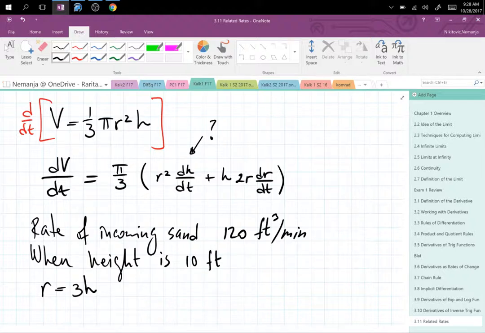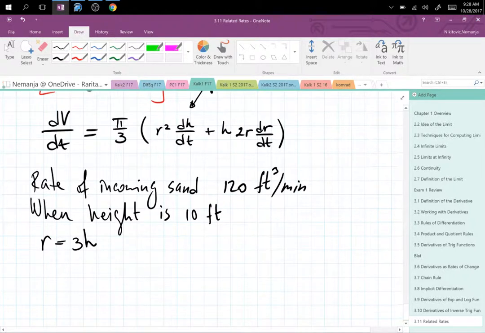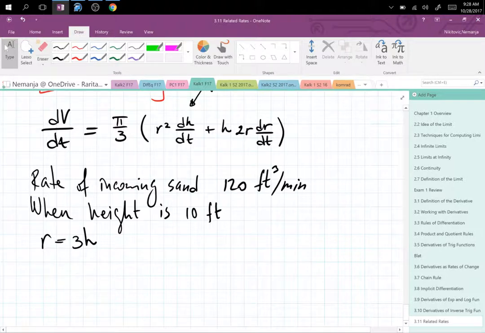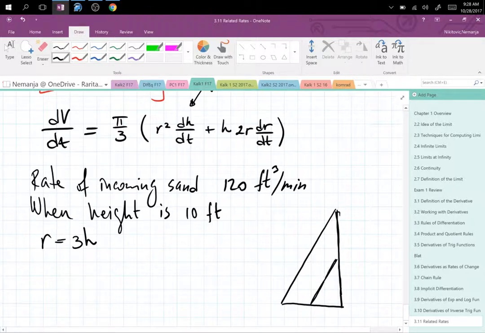So how do we use all of this now? I'm going to draw a cross section here.